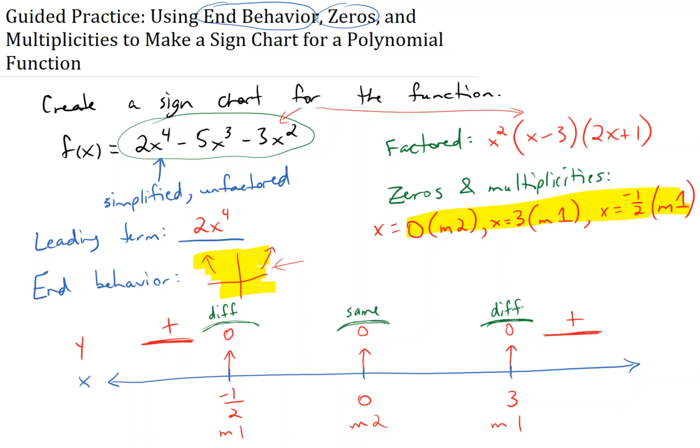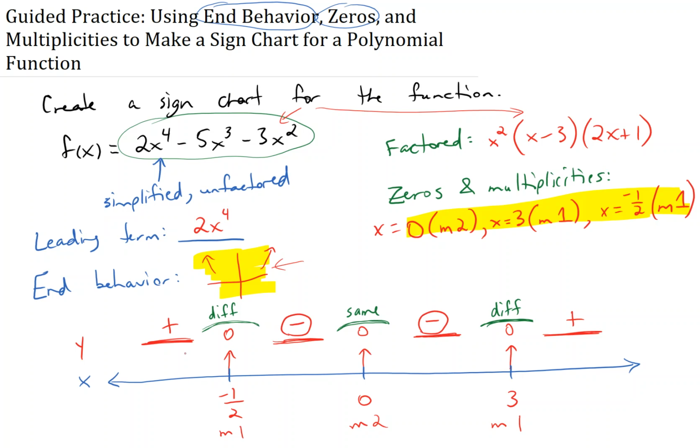The last piece is to go through and fill in the signs of the middle two intervals based on what you have here. So see if you can fill that out and come back and check those answers. You should get a minus and a minus.